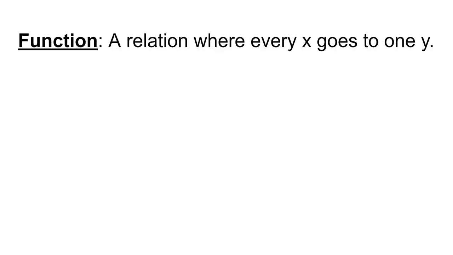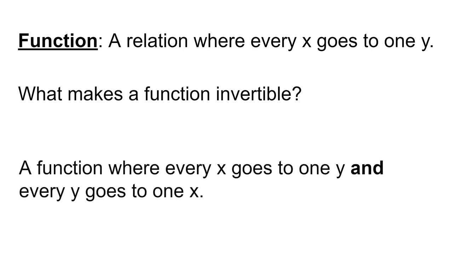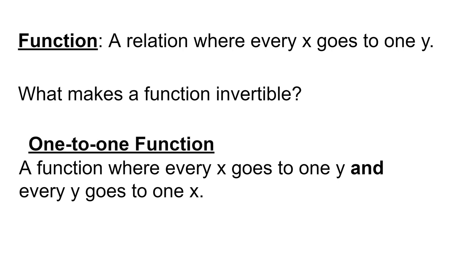To summarize, we know a function is a relation where every x goes to one y. But what makes a function invertible, as we considered in the last slide? In order for a function to be invertible and to pass the horizontal line test I just discussed, it has to be a function where every x goes to one y and every y goes to one x. And that is called a one-to-one function. So only one-to-one functions are invertible.